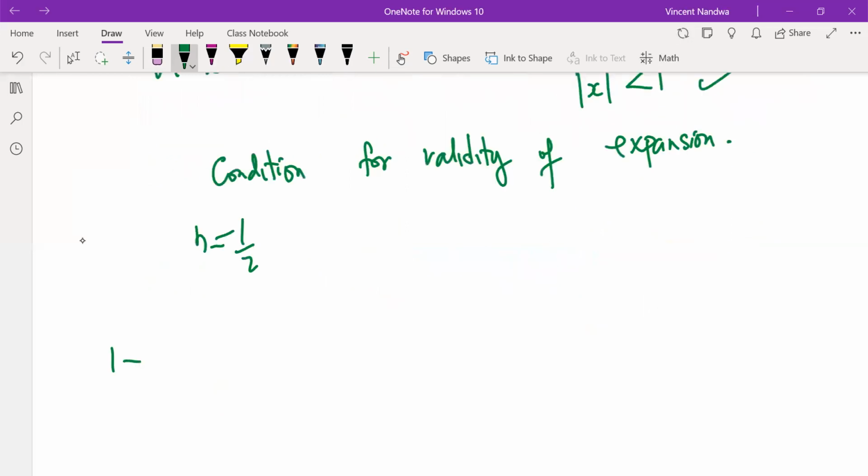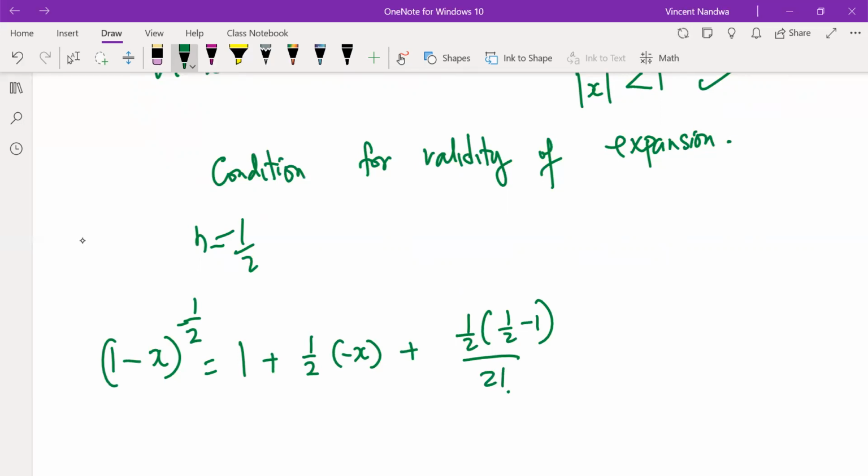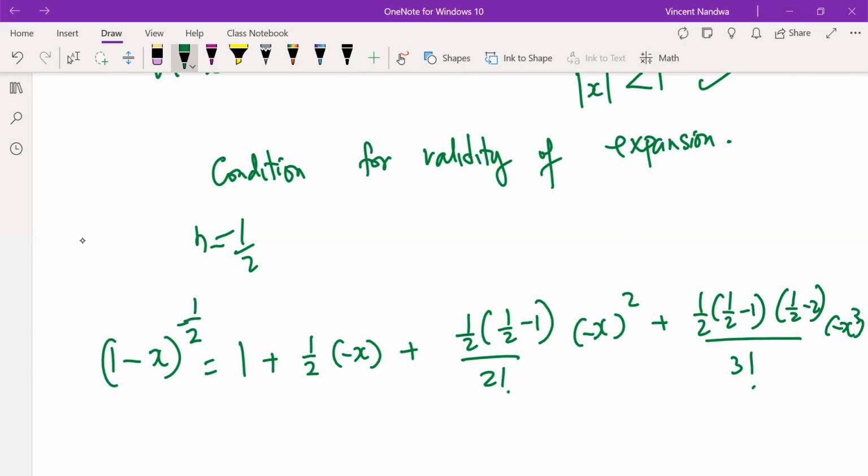So (1 minus x) power half equals 1 plus a half into minus x, plus a half into a half minus 1 over 2 factorial, minus x power 2, plus a half into a half minus 1, a half minus 2, over 3 factorial, minus x power 3, plus other several terms.